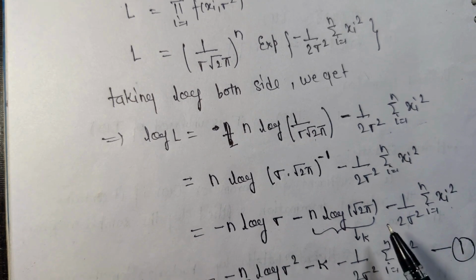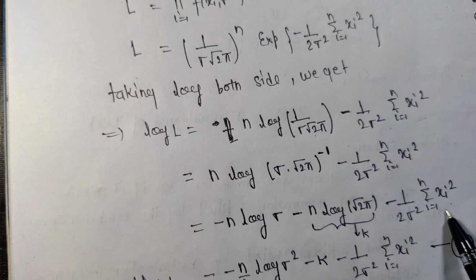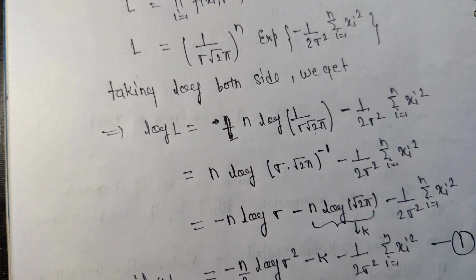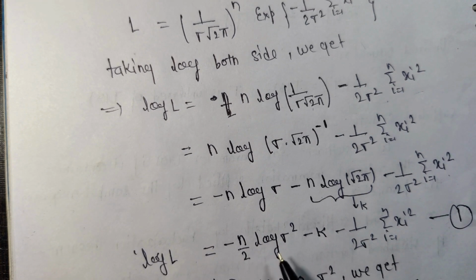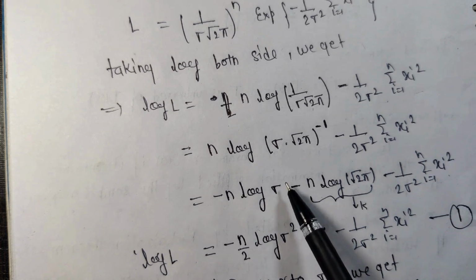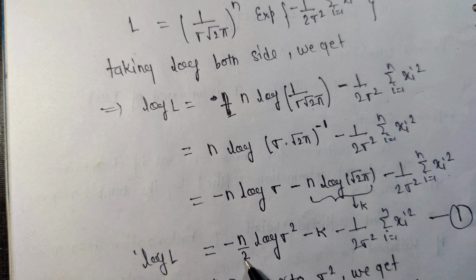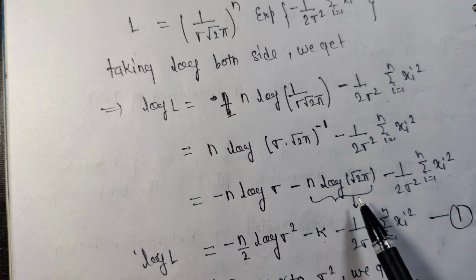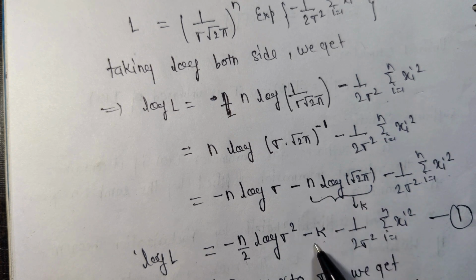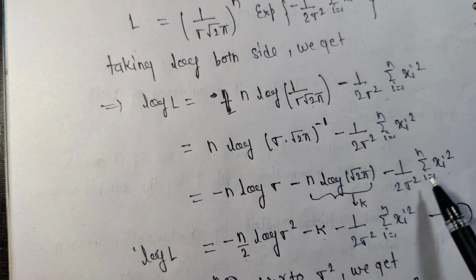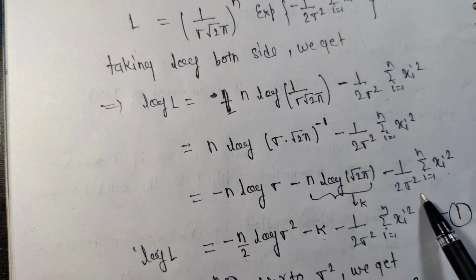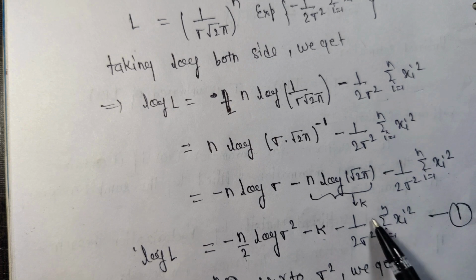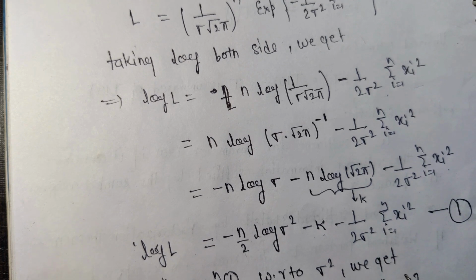Now again readjust this expression, so we can write log of L is equal to minus n by 2 log sigma square. We are putting a square here, that's why we are dividing by 2. This term is free from sigma square, so we are putting it as k, and the last term is minus 1 upon 2 sigma square summation of xi square. Now what is our next step?